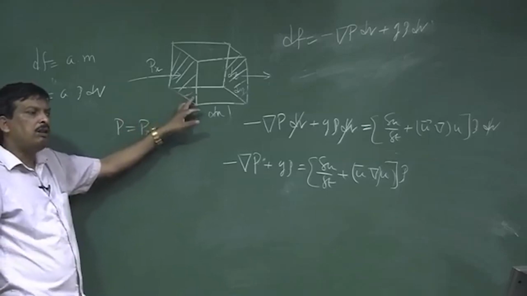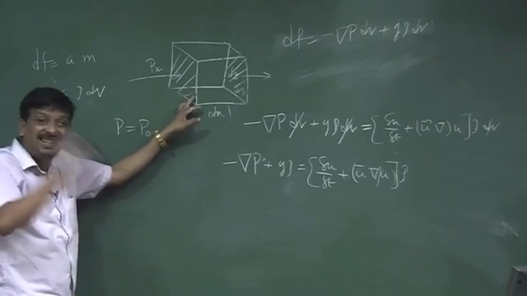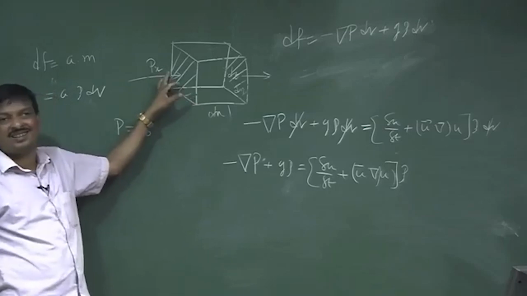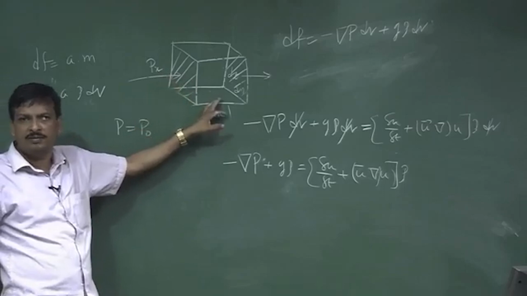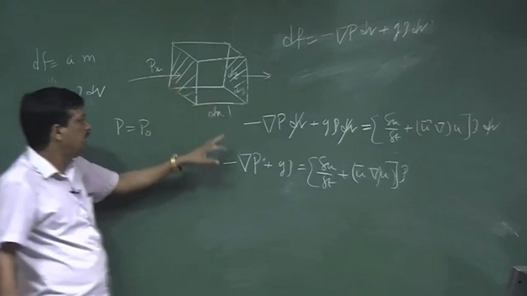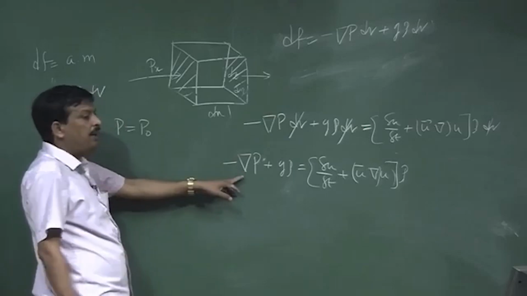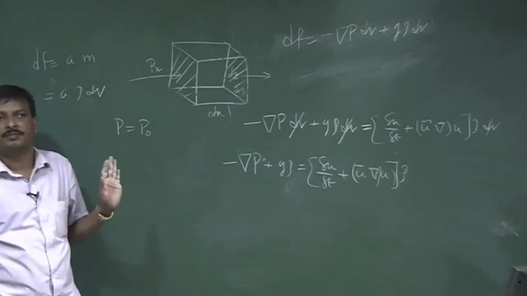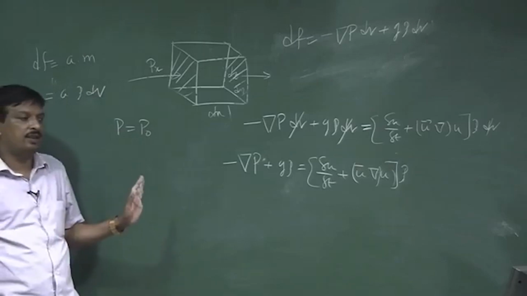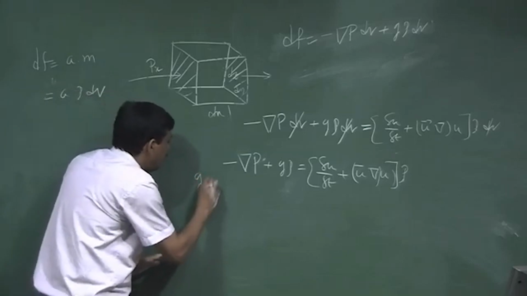So at equilibrium condition, when no acoustic excitation is injected, the acoustic excitation is 0, then only the gravitational force is acting. In this equation, if I say there is no acoustic excitation, it means the density is the equilibrium density rho 0.